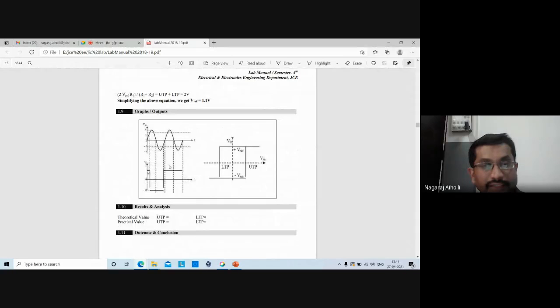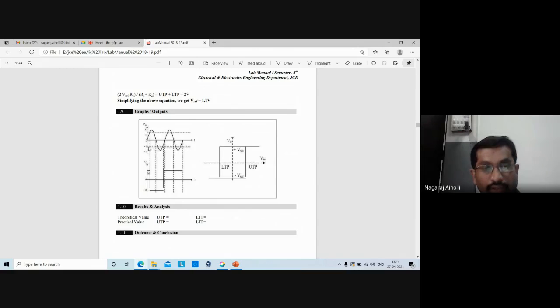Now we can see here, this is the input signal and this is how the output is. The upper horizontal line you are seeing is the UTP, upper threshold point. The lower horizontal line, this lower dashed line, is the lower threshold point.